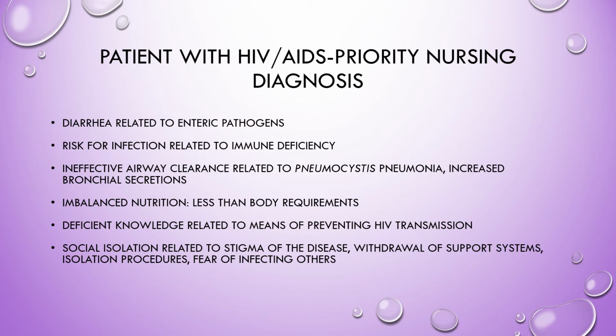They will have imbalanced nutrition, less than body requirements because of their consistent nausea and vomiting, deficient knowledge related to means of preventing HIV transmission, social isolation related to the stigma of the disease, withdrawal of support systems, isolation procedures, and fear of infecting others.